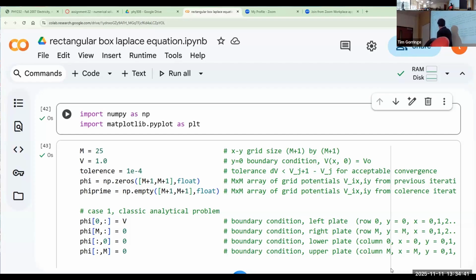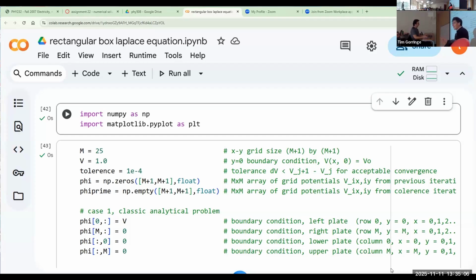And the indexing of this two-dimensional array is going to go from 0 to 25 in X and 0 to 25 in Y. So there's actually 26 indices. So that's why we're at 25 here and +1 here.